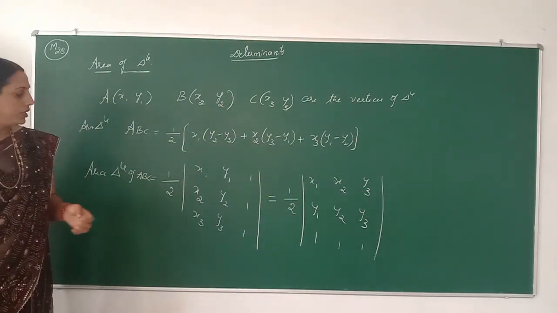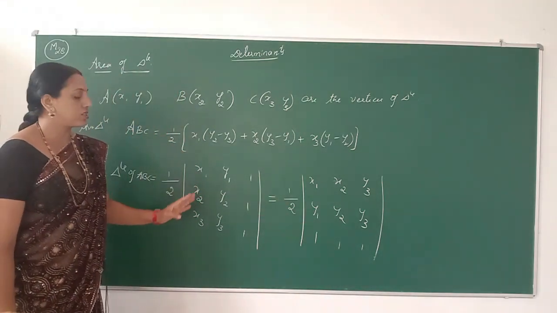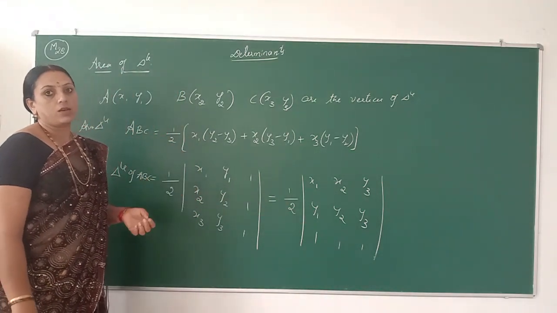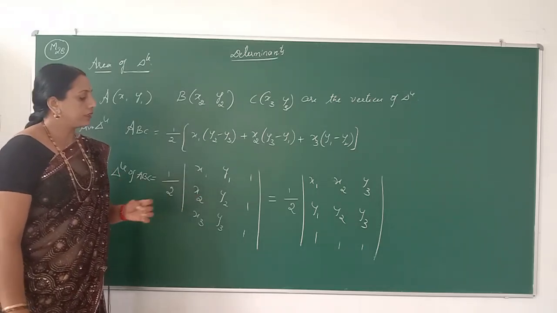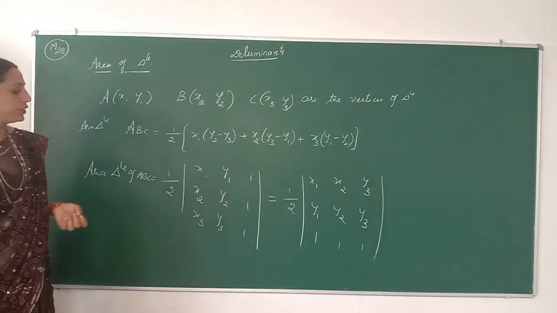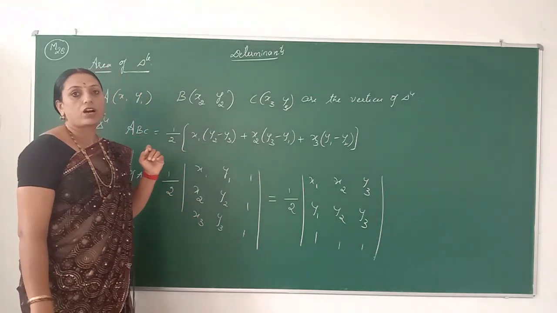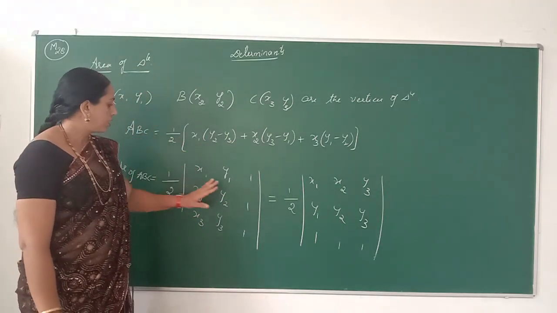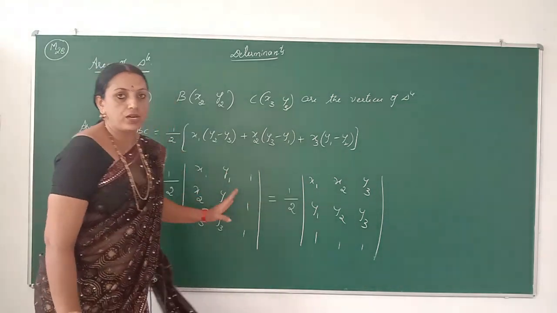What is the difference between these two determinants? Interchanging the rows and columns of a determinant means the transpose of the matrix. We already know the first property of determinants: the value of a determinant is not altered if all the rows and columns are interchanged. Therefore, the area of the triangle can be represented by either of these two results.